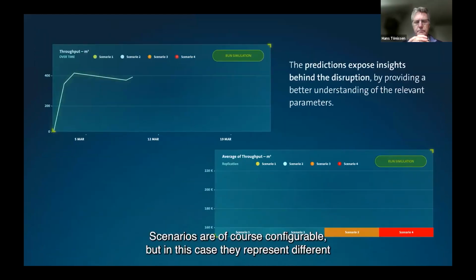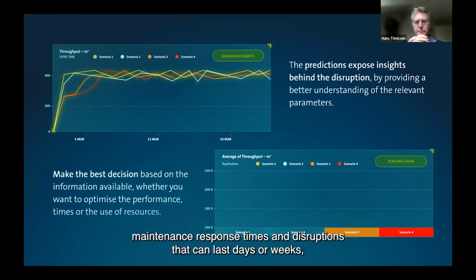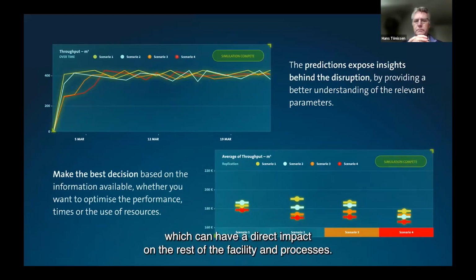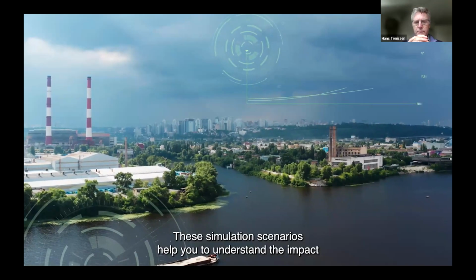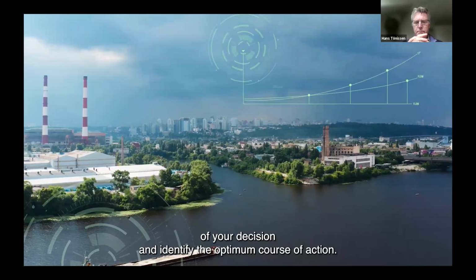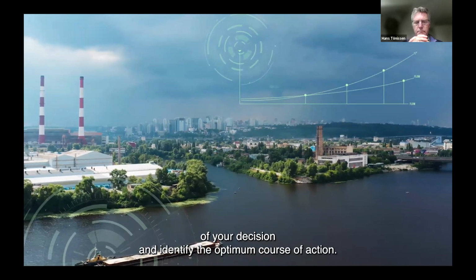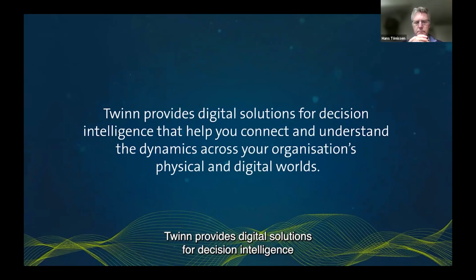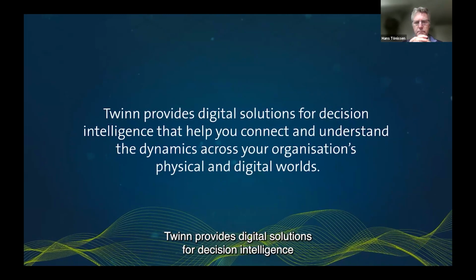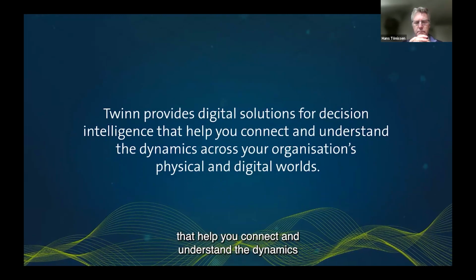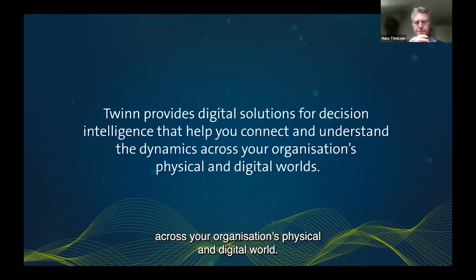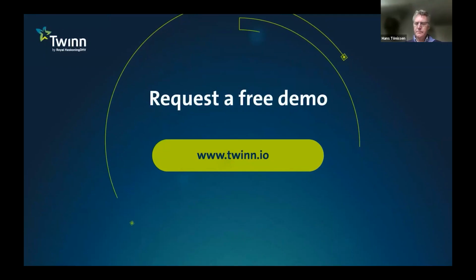Scenarios are of course configurable, but in this case, they represent different maintenance response times and disruptions that can last days or weeks, which can have a direct impact on the rest of the facility and processes. These simulation scenarios help you to understand the impact of your decision and identify the optimum course of action. Twin provides digital solutions for decision intelligence that help you connect and understand the dynamics across your organization's physical and digital worlds. Request a demo today.